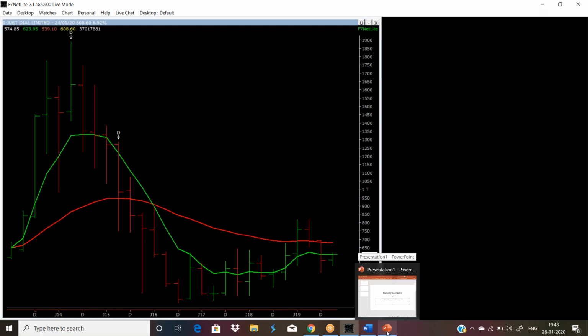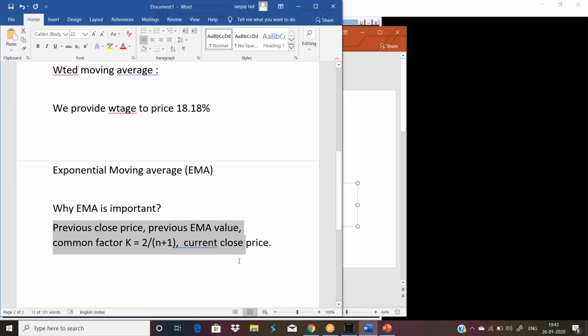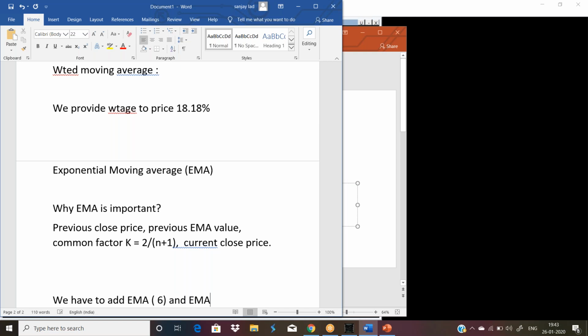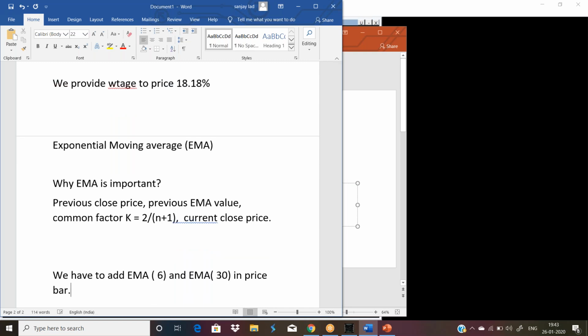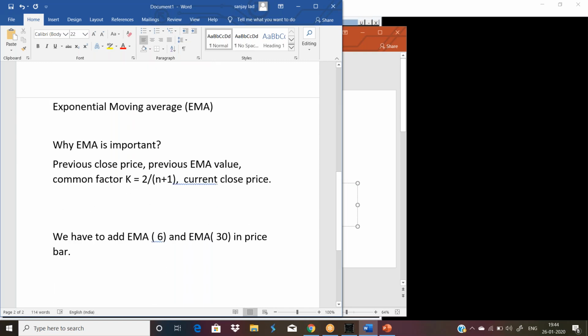We'll have the calculation part afterwards. I'm going to explain what values you have to add. We have to add EMA 6 and EMA 30 in the price bar.